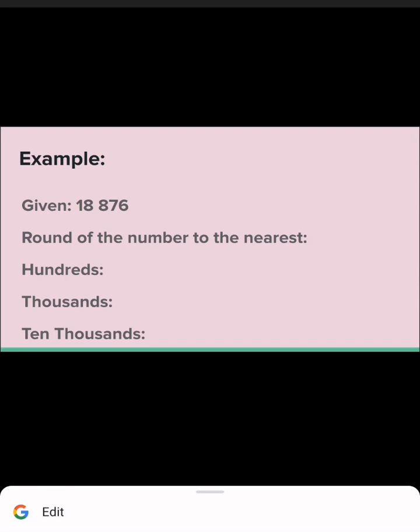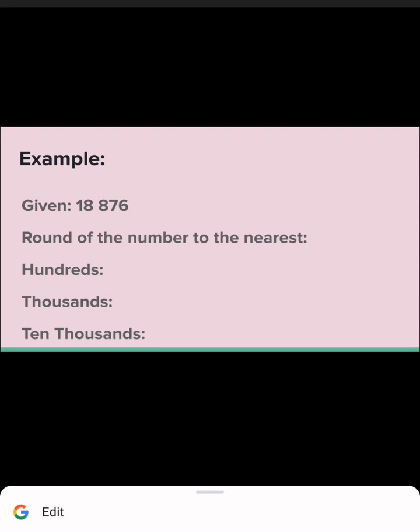Okay, let's move on to the 10,000s place. We identify which number is in the 10,000s place. The digit in the 10,000s place is 1. Okay, that's what we are going to round off, the number 1. Now, the number to its right is 8. So since 8 is apparently greater than 4, then we are going to change all the numbers to the right to 0, and we are going to add 1 to the number 1.